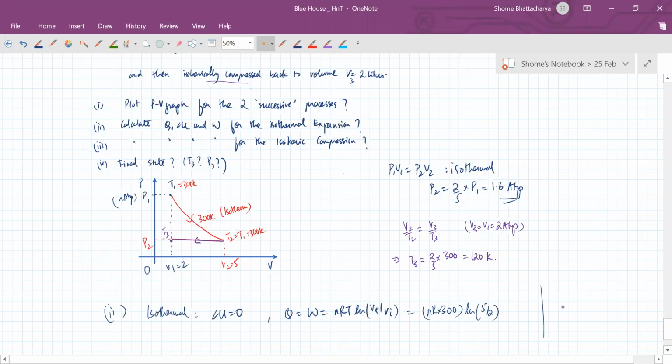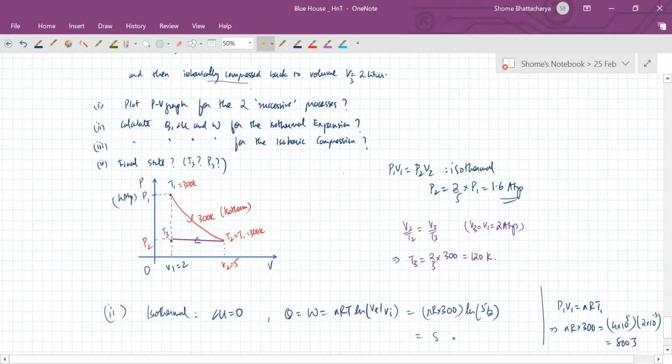Okay. Now notice that P1 V1 is equal to nR T1. So nR into 300 is equal to 4 into 10 raised power 5 multiplied by 2 into 10 raised power minus 3. So nR into 300 can be replaced with 800 joules.